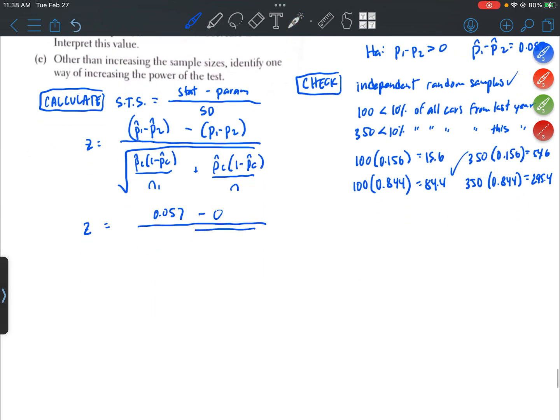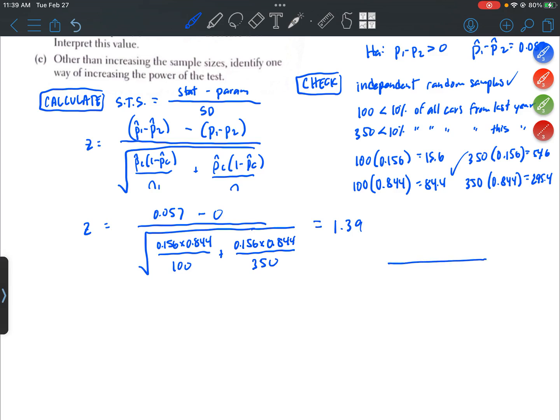And then our SD, that's 0.156 times 0.844 over 100 plus 0.156 times 0.844 over 350. And so that's going to be about 1.385, so I'm going to round it to 1.39.